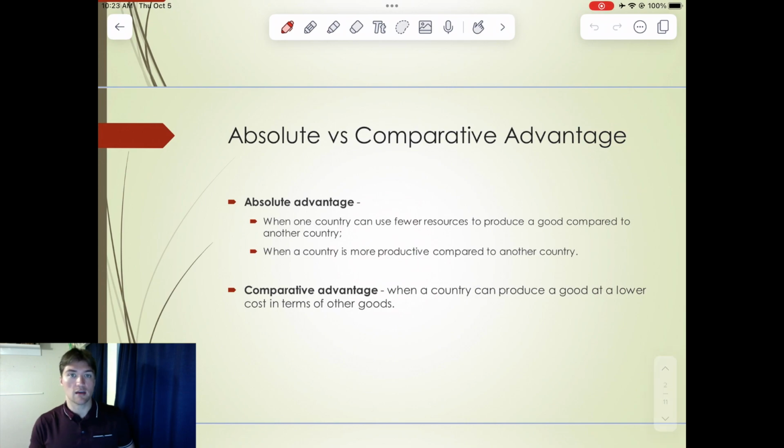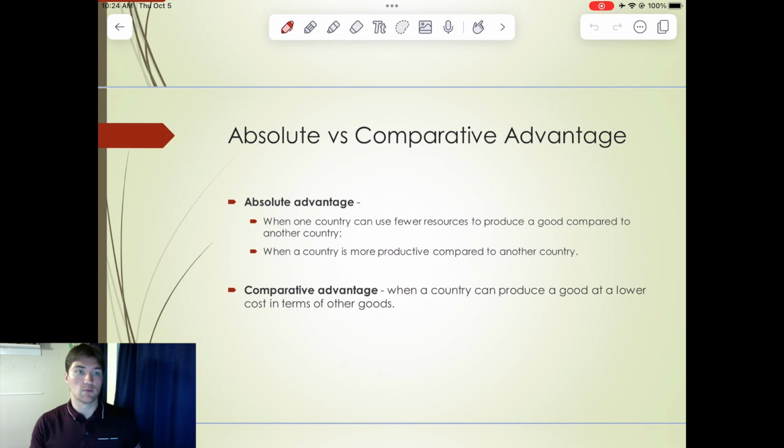We need to establish the difference between an absolute advantage and a comparative advantage. An absolute advantage is when one country has fewer resources to produce a good compared to another country, or when a country is more productive compared to another country. Basically, what this one says is who can make more of something.